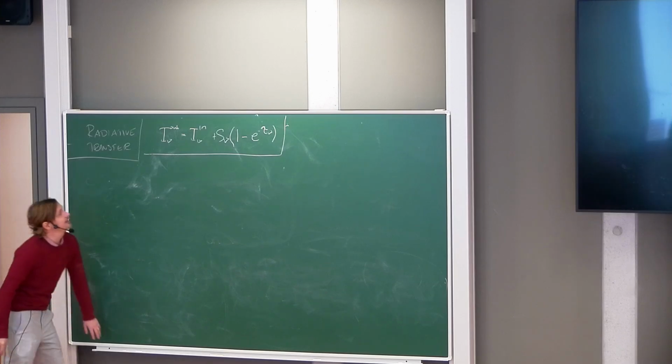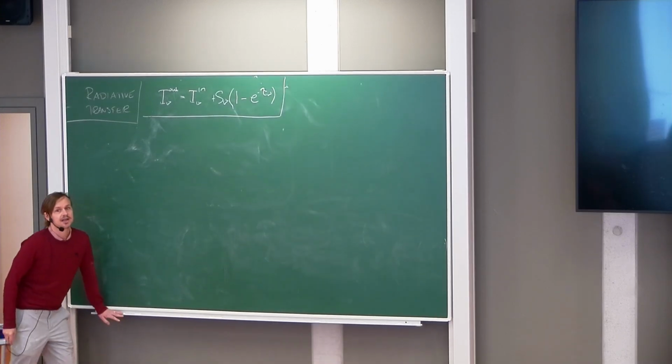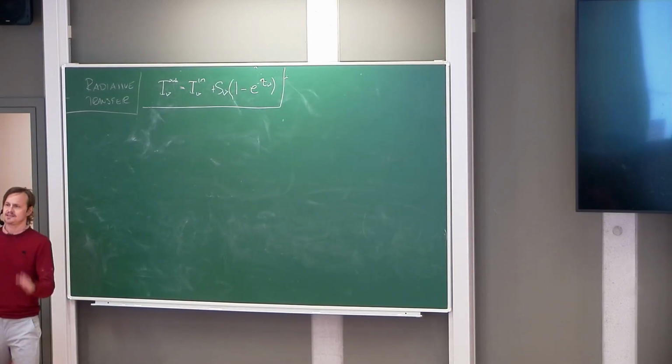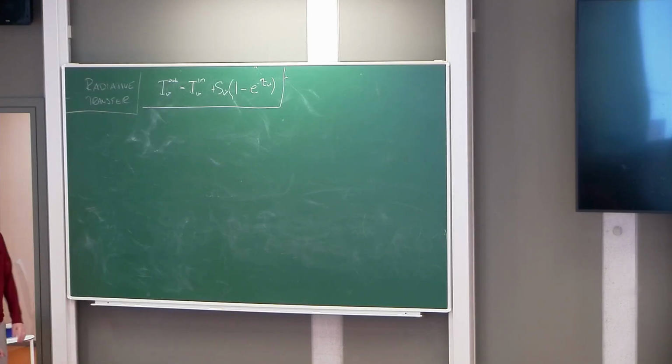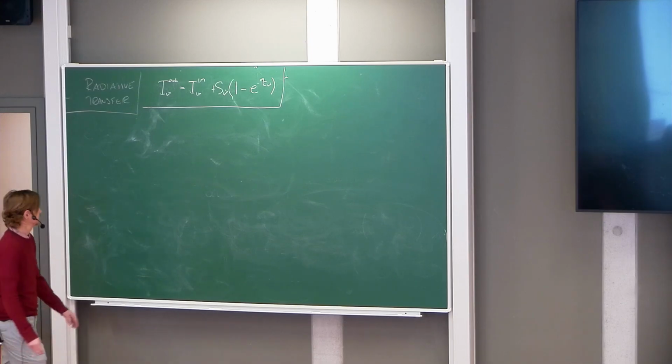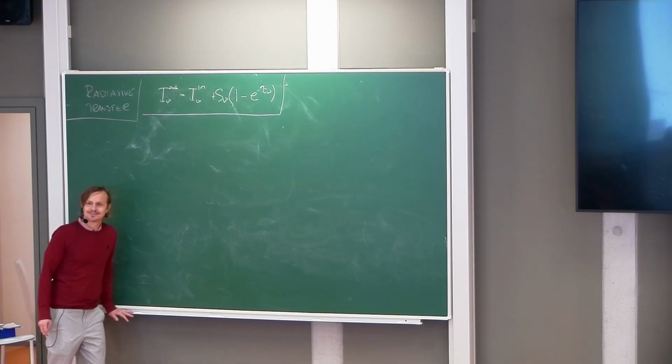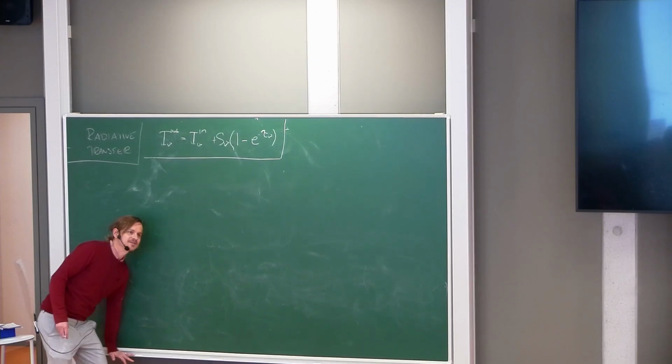Okay, what is going on here in this expression? Well, of course, first we need to do some sanity checks, right? Can we recover the previous stuff? Well, there is a term missing first. Which term is missing?